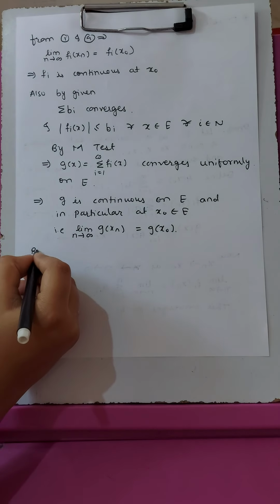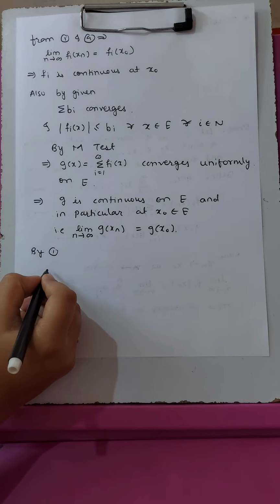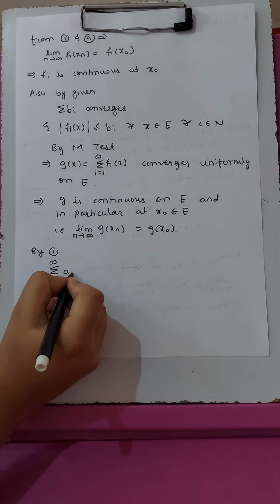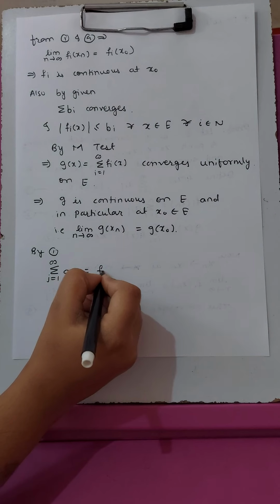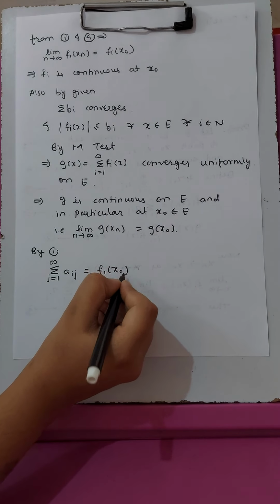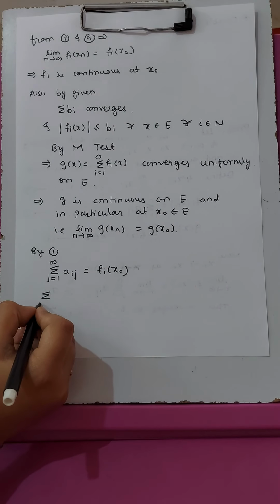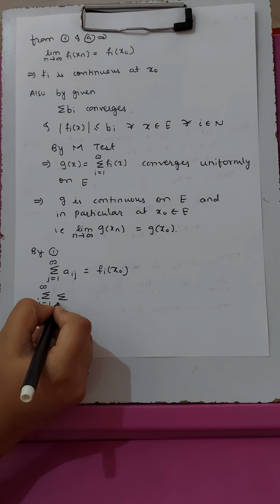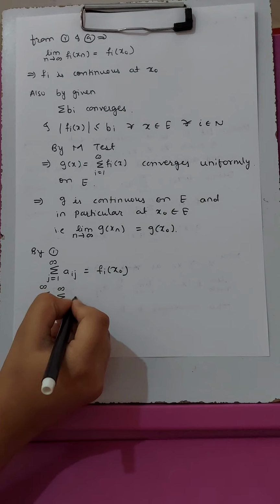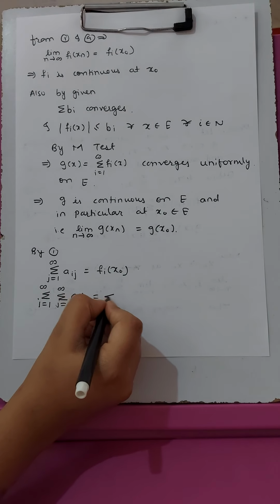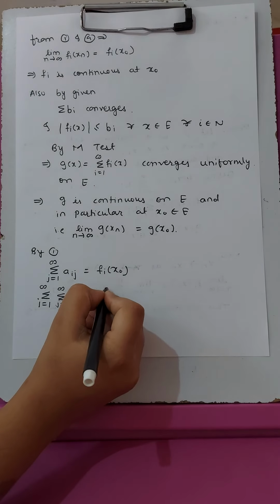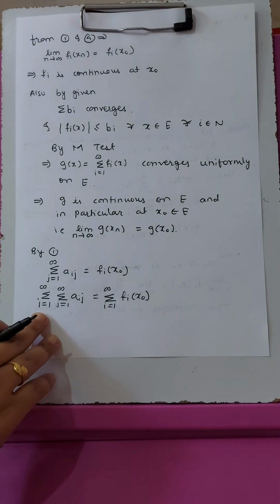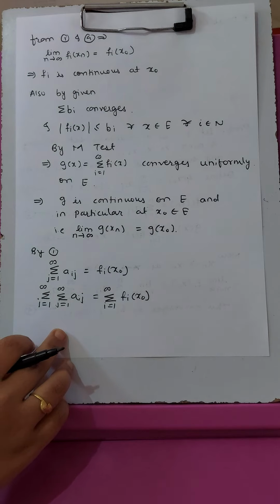So here by 1 we have summation j from 1 to infinity aij is equals to fi of x0. So we take summation i from 1 to infinity of summation j from 1 to infinity aij is equals to summation i from 1 to infinity fi of x0. Here we have taken summation i from 1 to infinity on both sides.